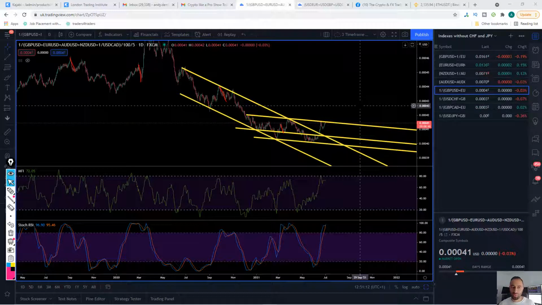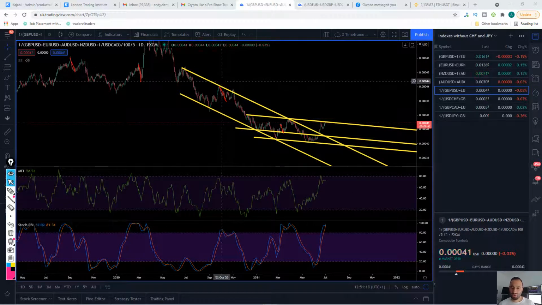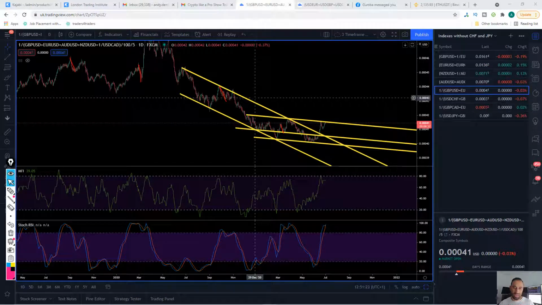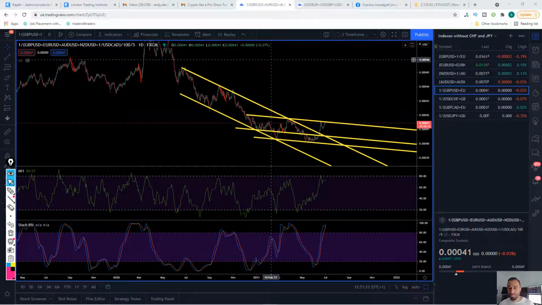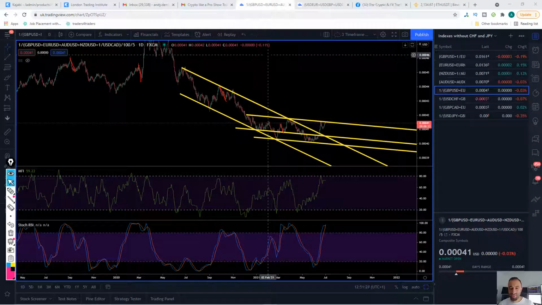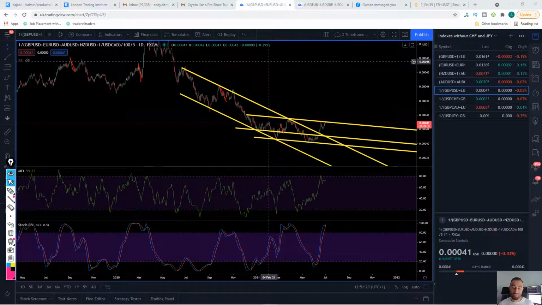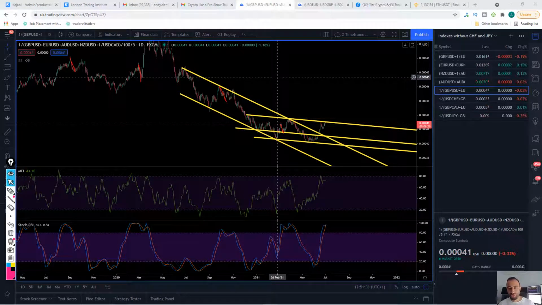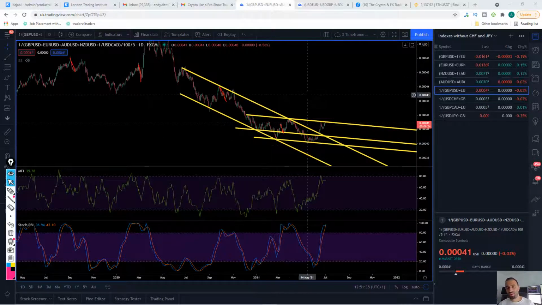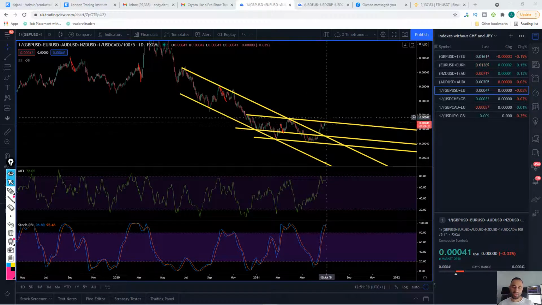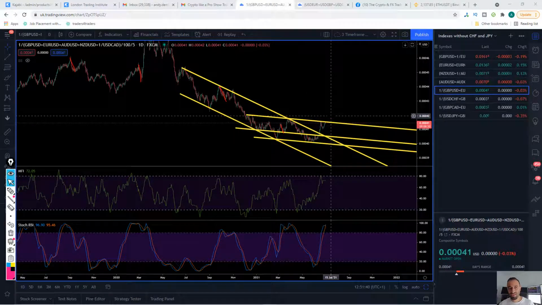I wanted to follow up on yesterday's video where I did some analysis on the customized dollar index, and carry on with that today to give you a different perspective and show you why, having analyzed this, I think we are potentially going to have some continued dollar strength in the market.